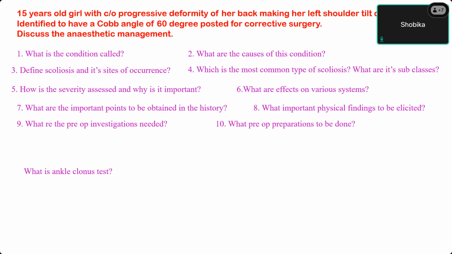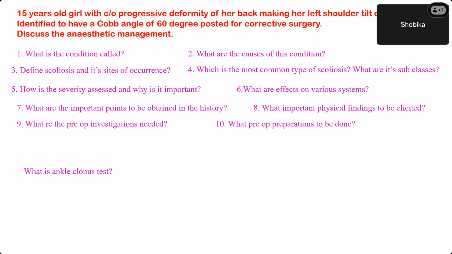If there is any underlying obstructive lung disease, we'll give bronchodilator therapy, sir. Psychologically, we should explain to both the patient and the parents regarding the wake-up test. We should emphasize that the patient may be awake, but they won't feel any pain during the procedure, and they won't remember the event post-operatively. And we should also explain about the post-operative ventilation.